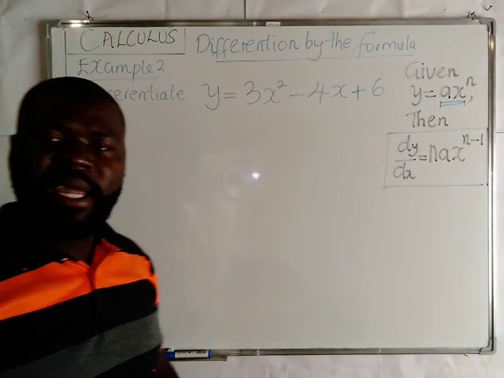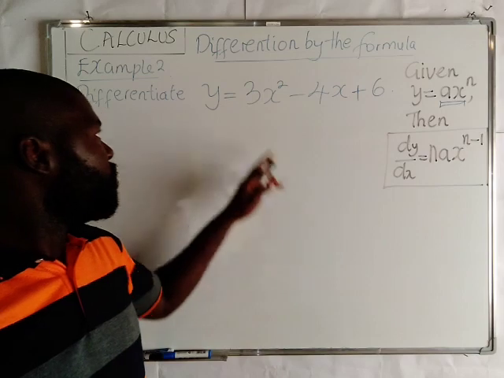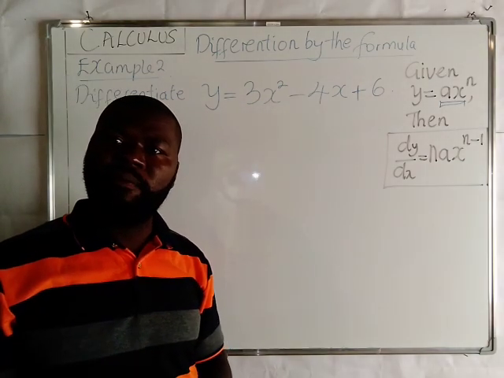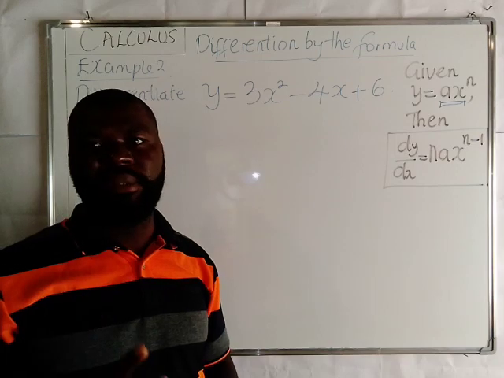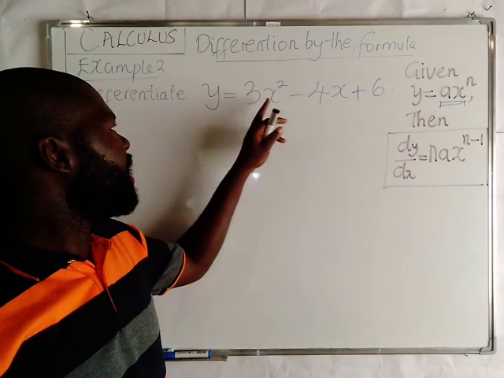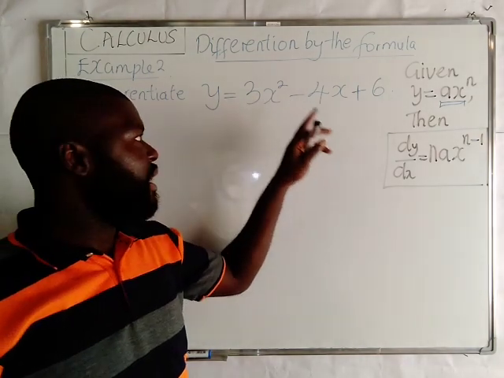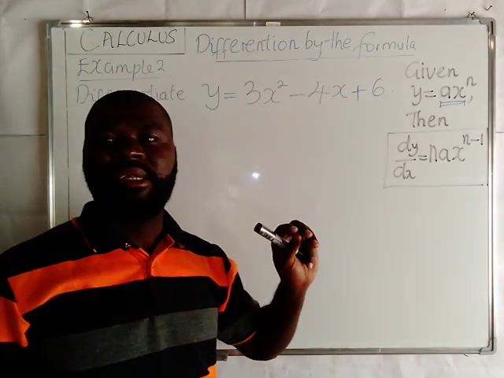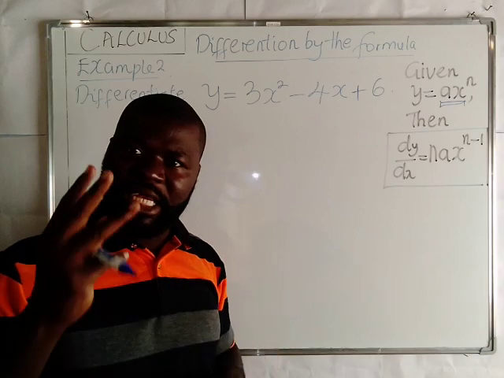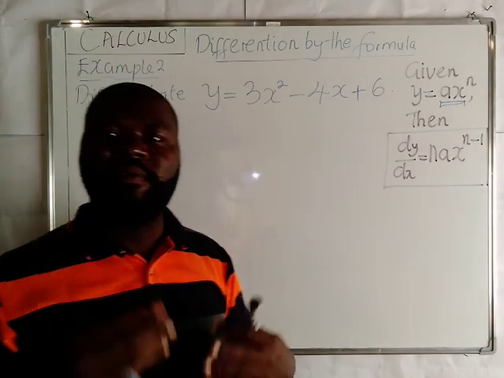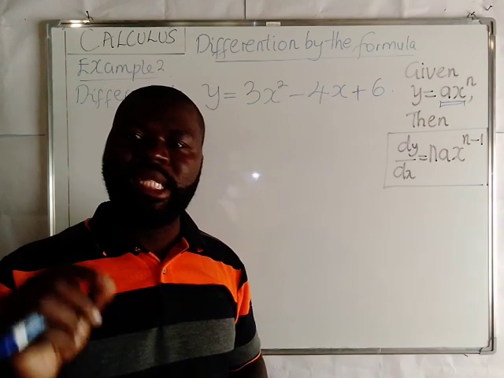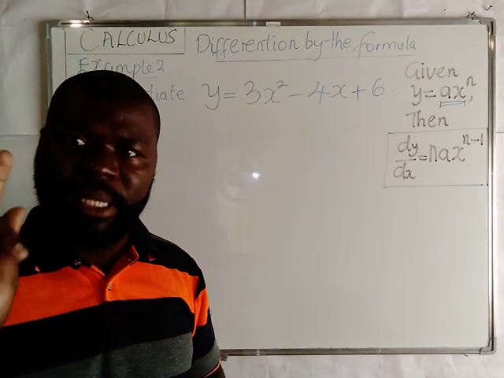But when you compare the formula to the question that we have, the question has 3 terms. We have 3x squared, negative 4x, and 6. But the formula method of differentiation is defined on one term.